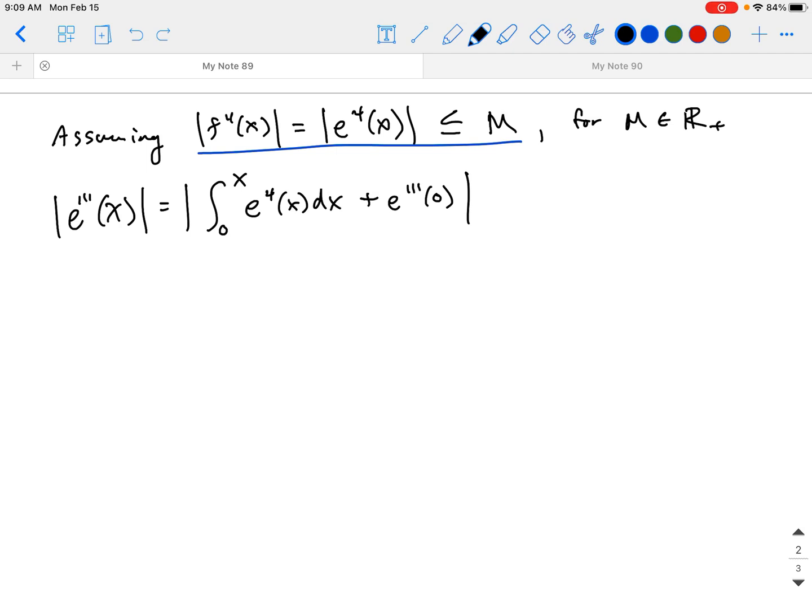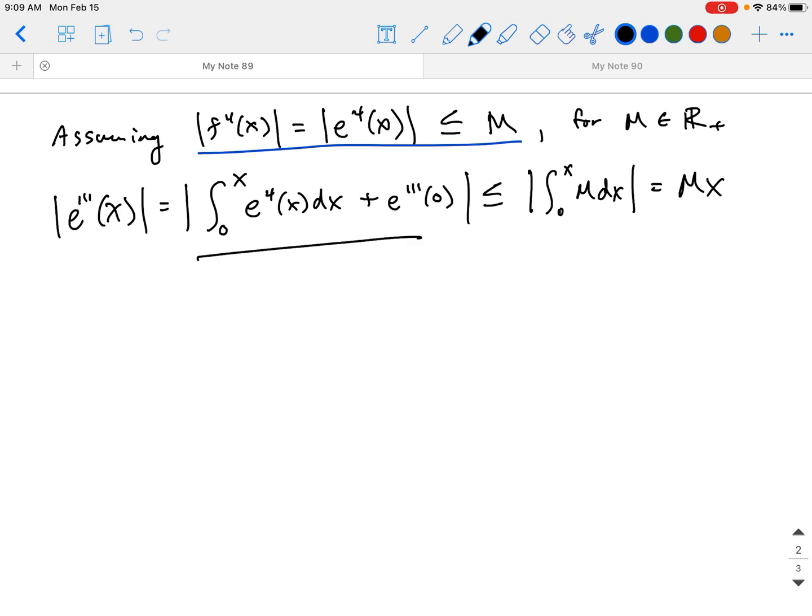Because we know that the fourth derivative is less than or equal to m, this is going to be less than or equal to the absolute value of the integral from 0 to x of m dx, which is equal to mx.